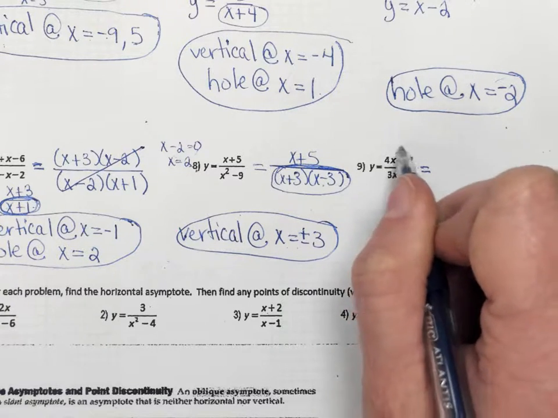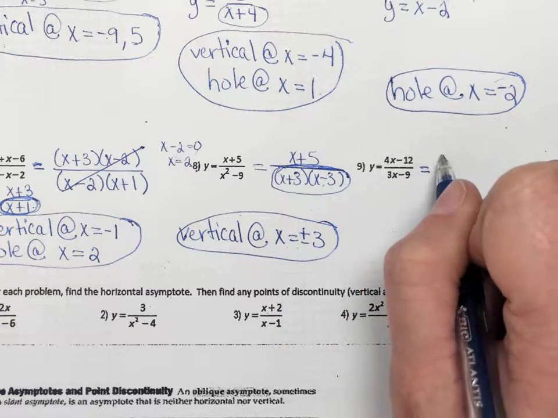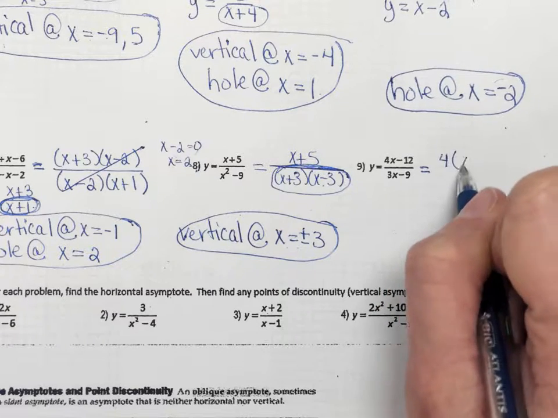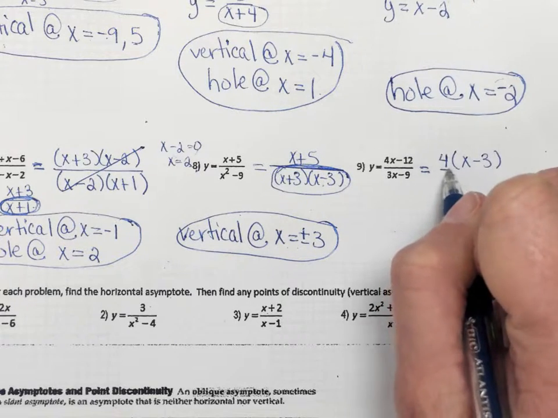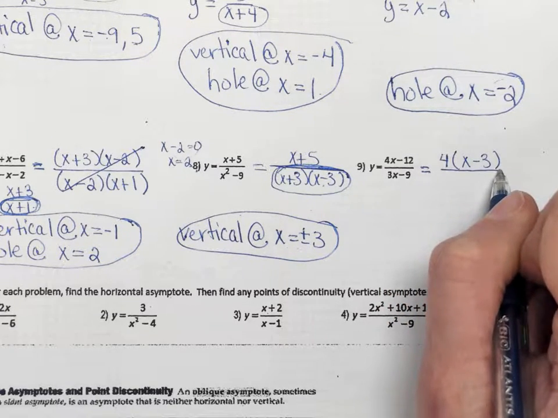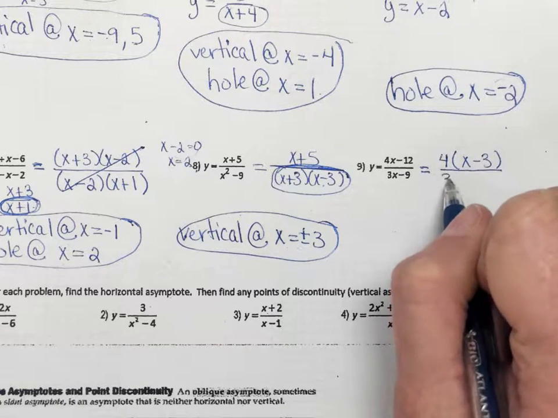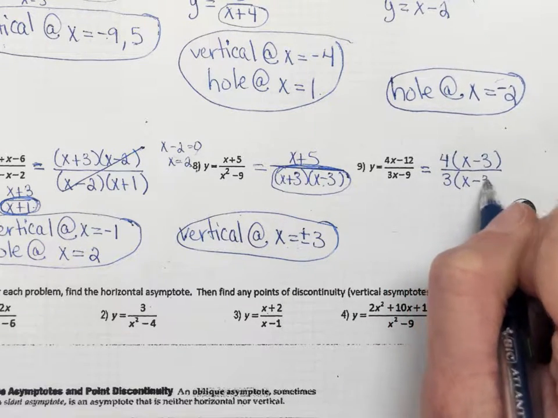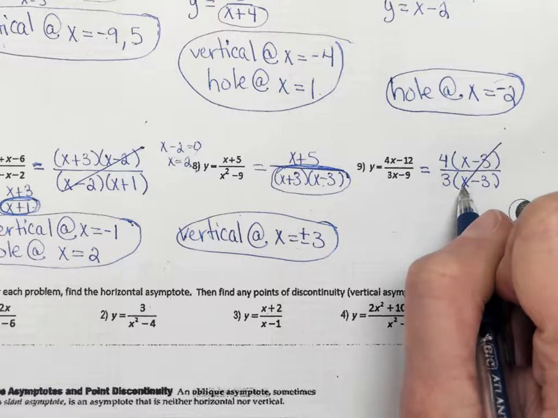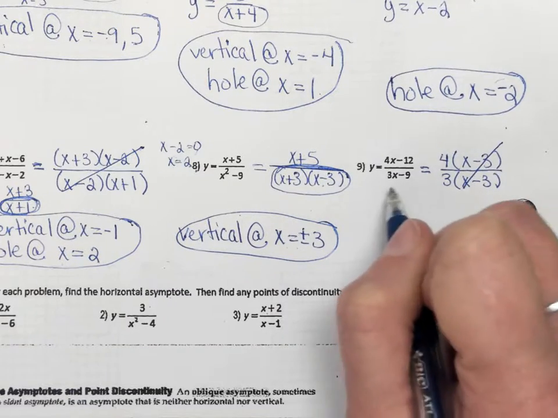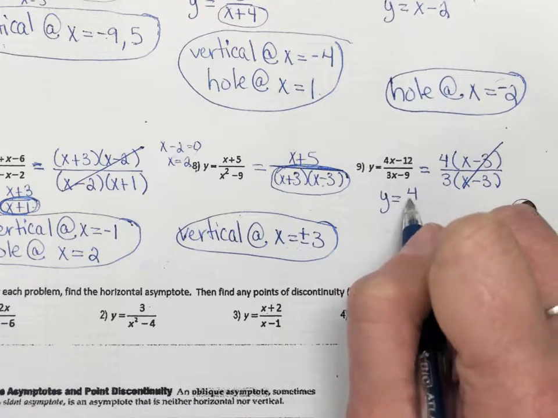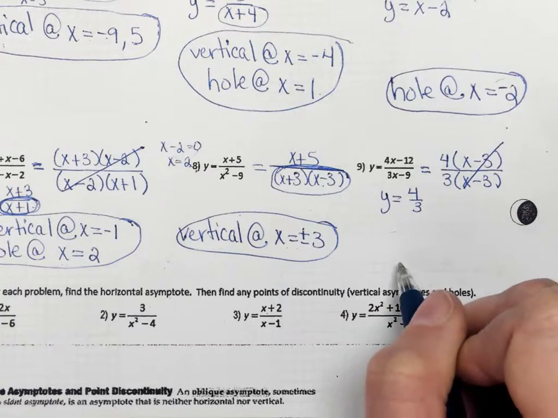But if it said find the vertical asymptote, you have to factor them. So we're going to take out the 4 on the top. So it would leave me with x minus 3. Then I'm going to take out the 3 on the bottom. It would leave me with x minus 3. Oh, look at that. Those cancel out. So I have y equals 4 over 3 as my equation.